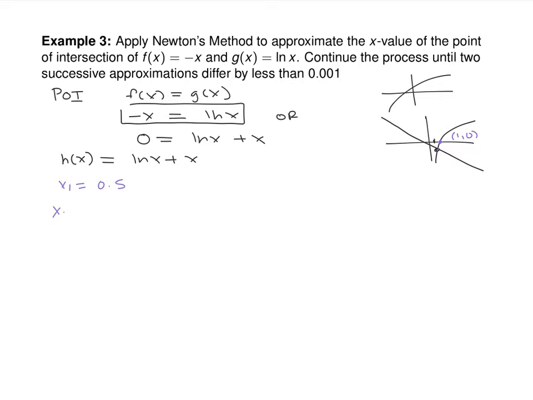And then x2 is x1 minus h of x1 over h prime of x1. Hey, what is h prime, by the way? 1 over x plus 1. Great. And so for x2, I got 0.577258872, just in case you want all those digits.